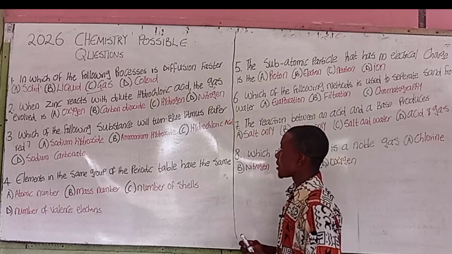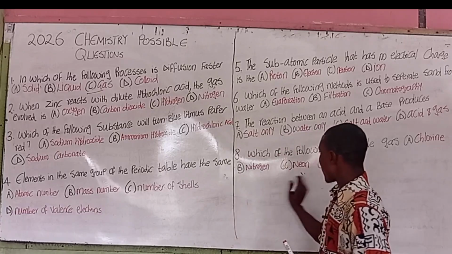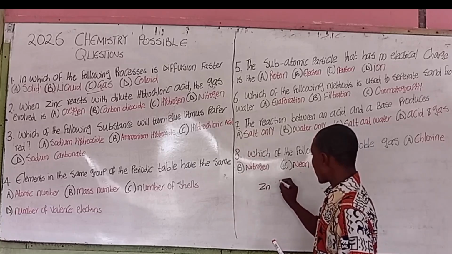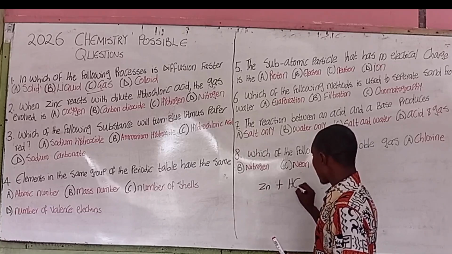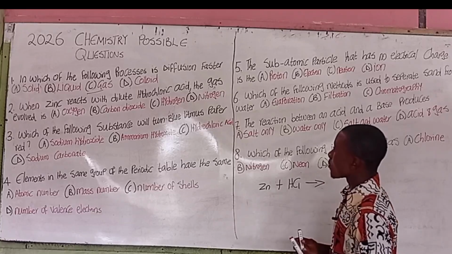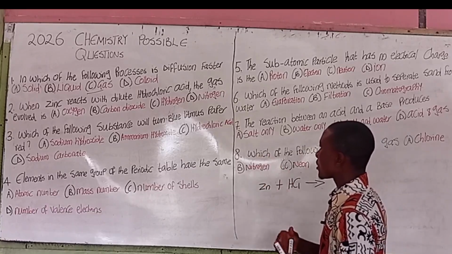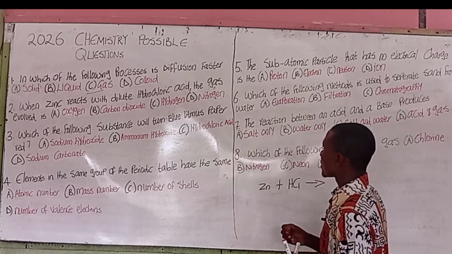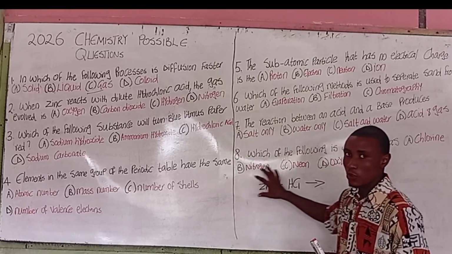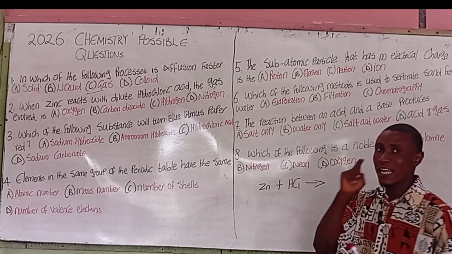The first thing to note is that we have zinc, which is a metal, plus hydrochloric acid. First of all, this is one of the chemical reactions of acids.